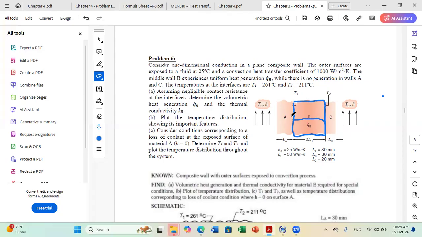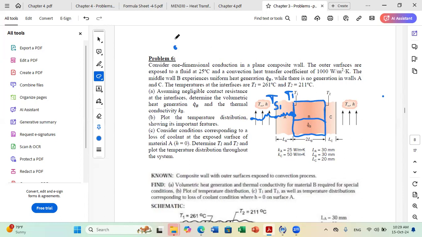So if I tell you what is happening in material A, if I know T1, first I have a resistance to conduction inside material A until reaching here, for example T surface A, and here I have resistance to convection. So I can draw a thermal circuit from this point to the outer environment.